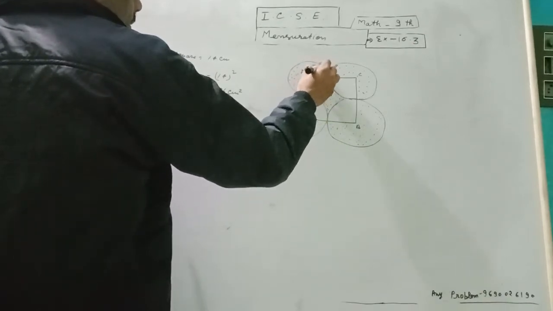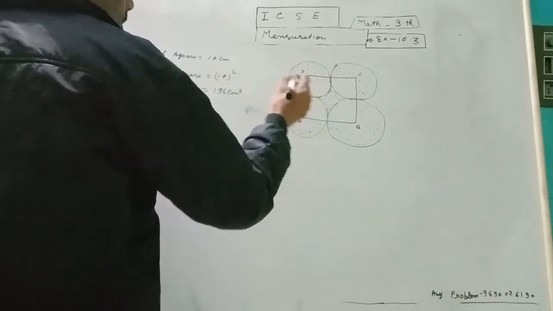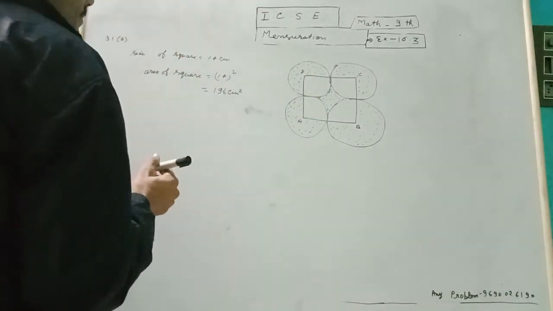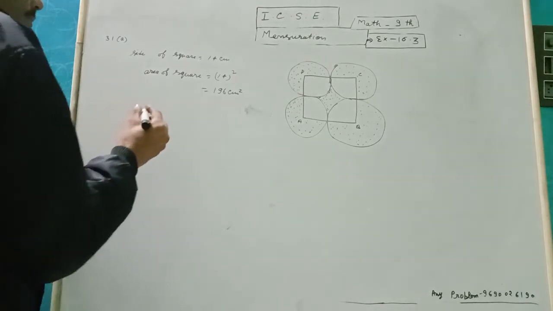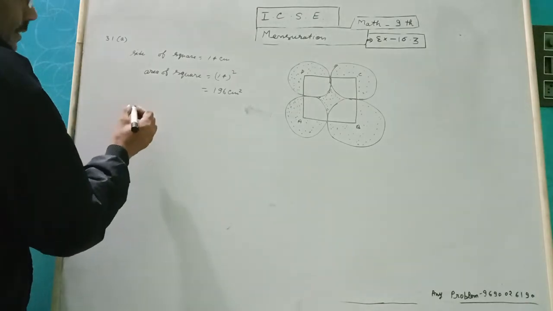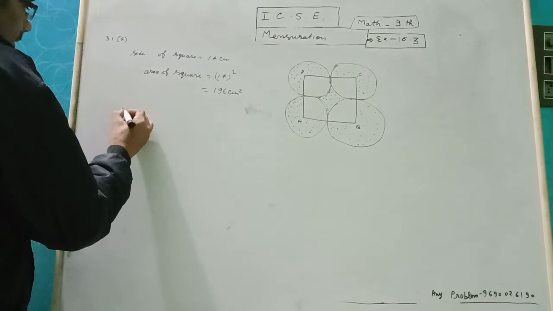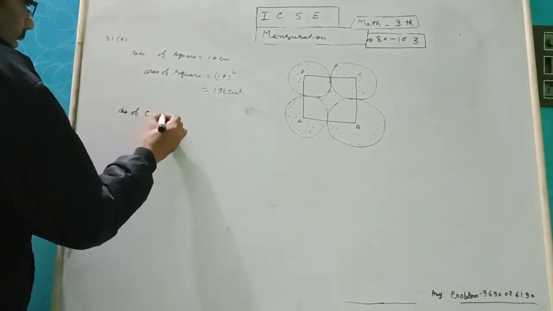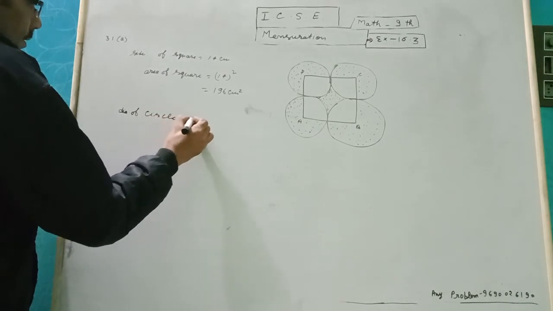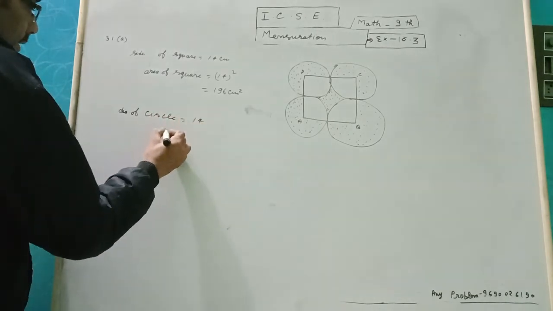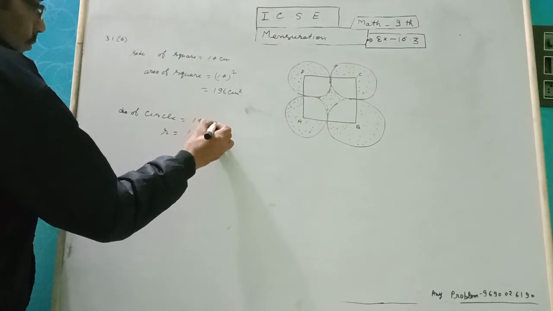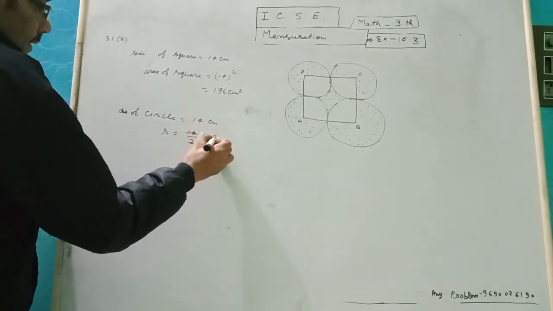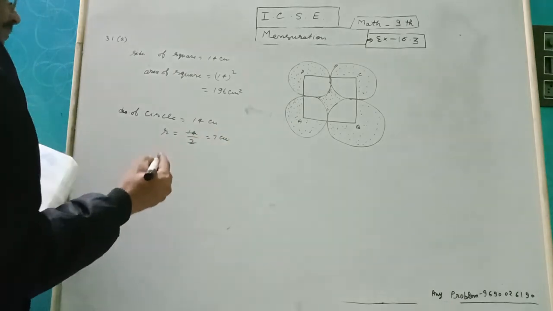Each circle: diameter of circle is equal to 14 cm. R is equal to 14 upon 2 is equal to 7 cm.